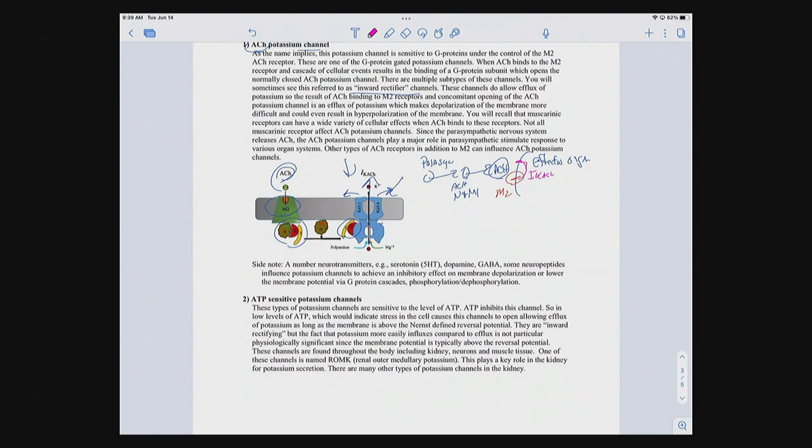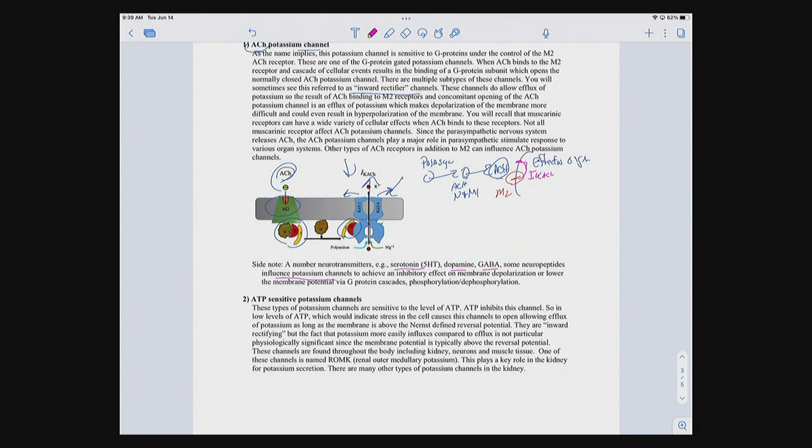Many transmitters can influence potassium channels, whether we're talking about serotonin or dopamine or GABA. Some of the neuropeptides can influence potassium channels, opioids would be an example of that. And they can influence the resting membrane potential of a membrane when they interact.